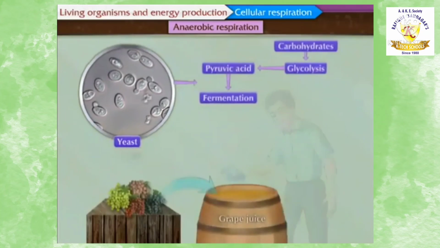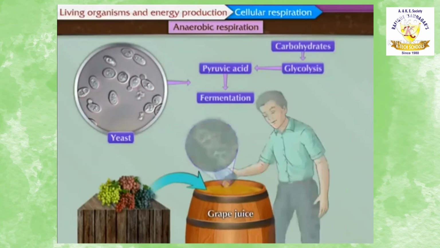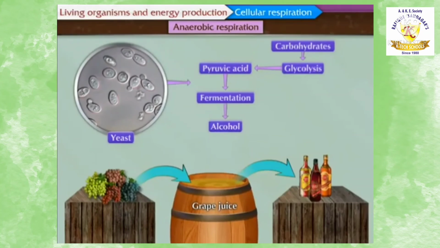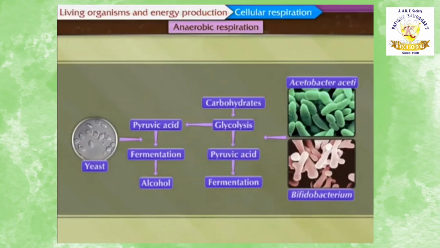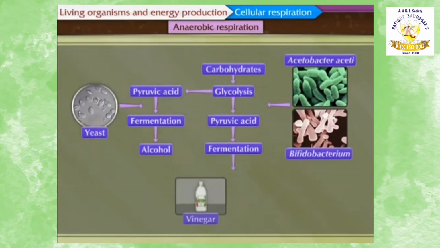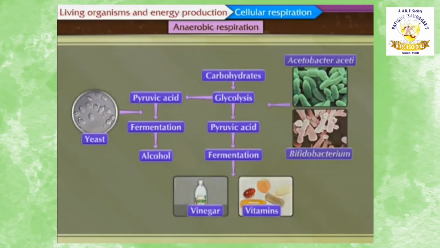Yeast, a type of fungus, carries out fermentation of pyruvic acid and converts it into alcohol. Similarly, many microbes, after fermentation, convert pyruvic acid into different products such as vinegar, vitamins, etc.